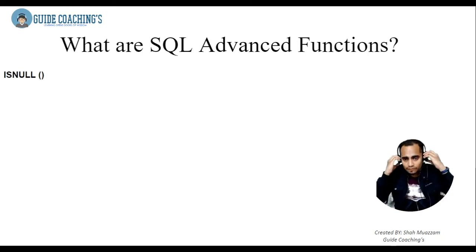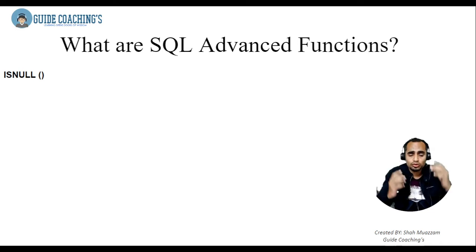The isNull function is basically used to identify whether any given value is null or not. It gives us a true or false value on the basis of the record. Then we have COALESCE. The COALESCE function is basically used to print a not null value.